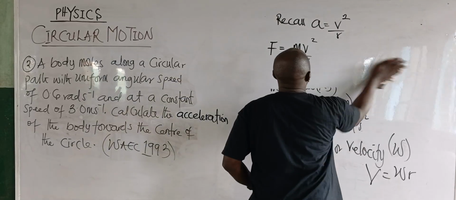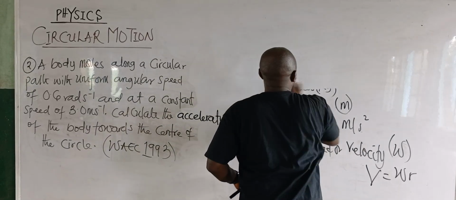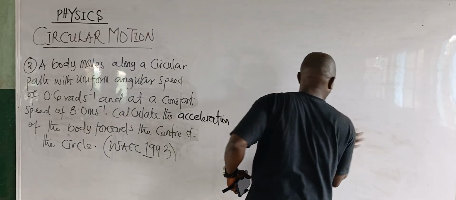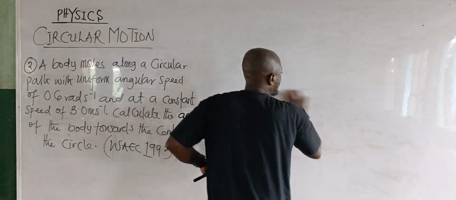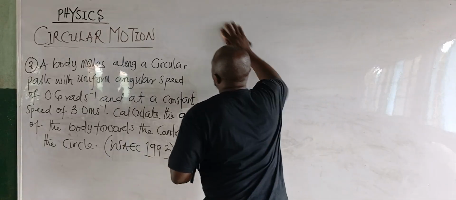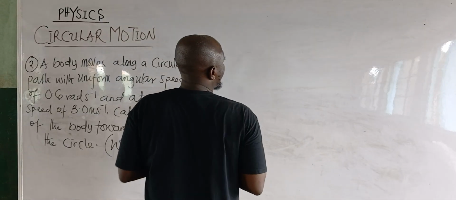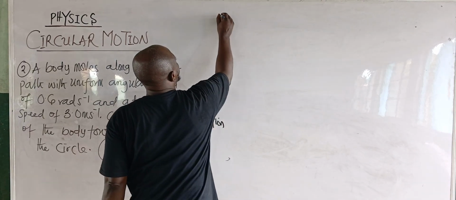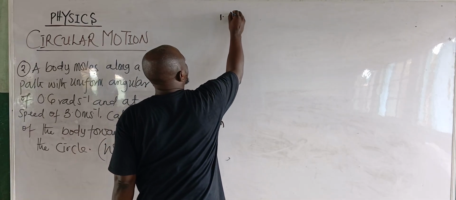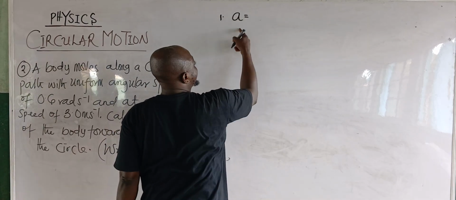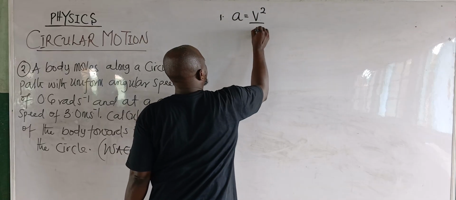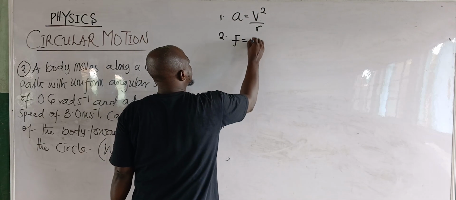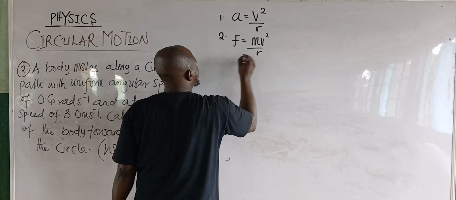First, we already know that we have the following formulas. Number one, centripetal acceleration is given as v squared over r. Number two, centripetal force is given as mv squared over r.